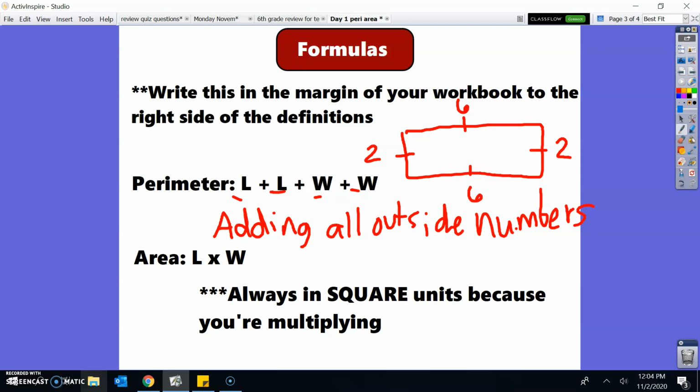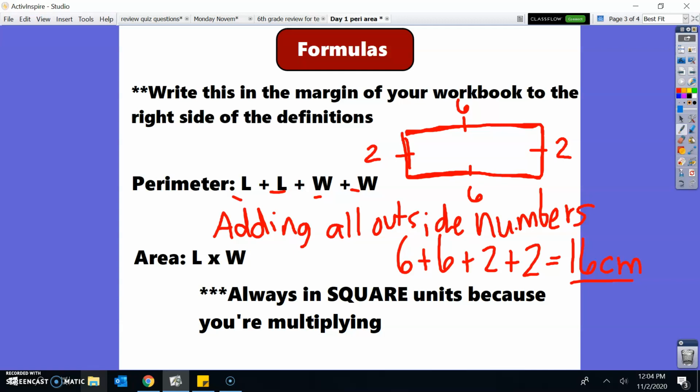And if it's a rectangle, I know that both lengths are always the same, and both widths are always the same. That's what the definition of a rectangle is. So in order to find this perimeter, I'm going to add 6 plus 6 plus 2 plus 2, which if you look in your book, our perimeter is 16 with a label centimeters.